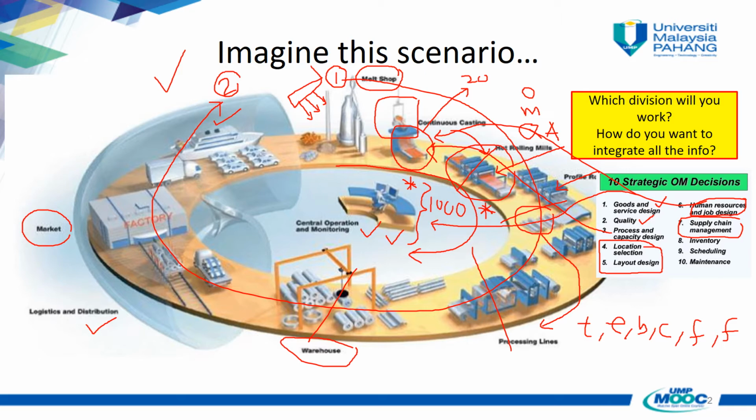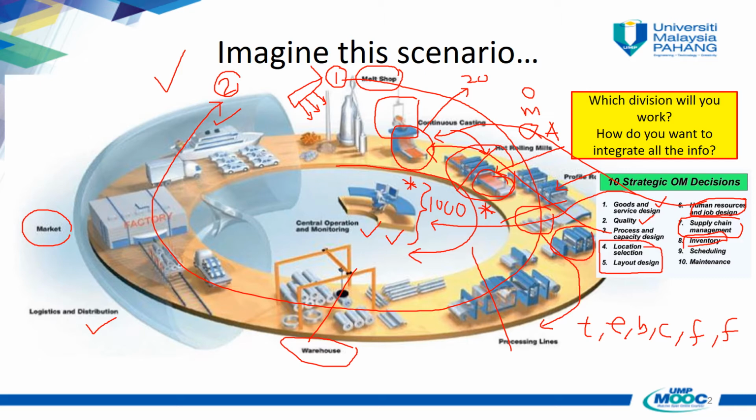And then after that, another decision that we need to make here is the inventory. What is the inventory here? Most of the time inventory is product that is still not finished just yet, or we can call it semi-finished product, that can be utilized to produce a profit.